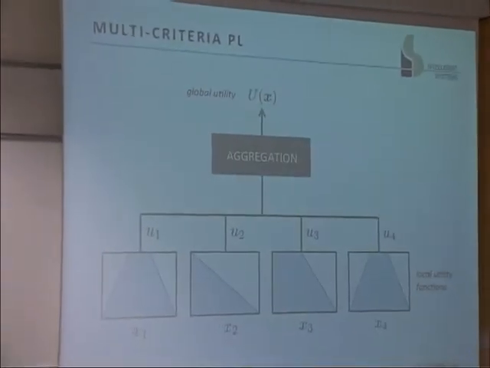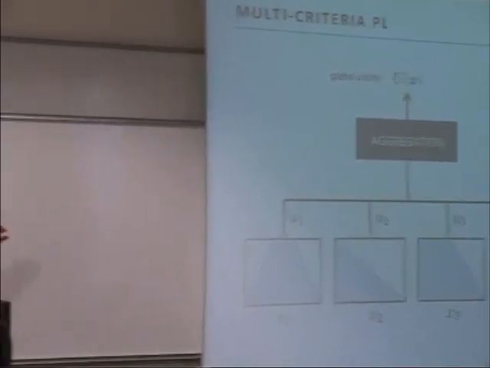What people in machine learning have been focusing on so far is learning this aggregation function, assuming the local utility functions to be given or predefined. Now, there is, of course, a big challenge to simultaneously learn the aggregation and the local utility functions, because there is an influence on both sides. The local utility functions influence the aggregation and the other way around.